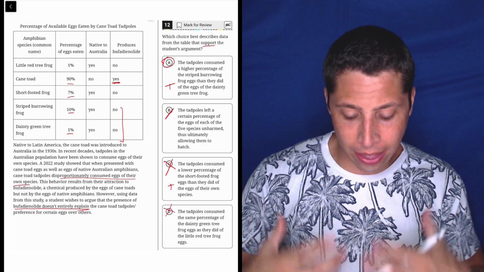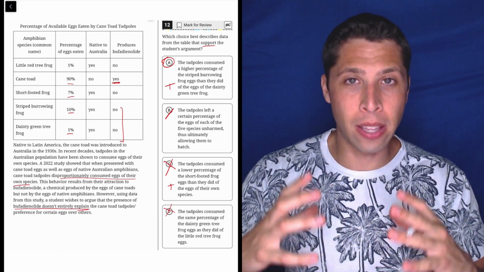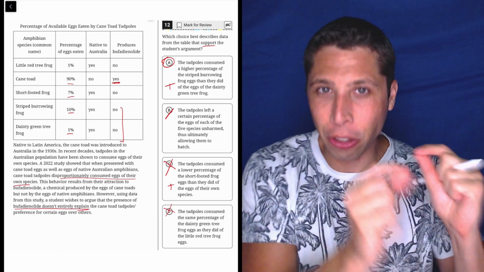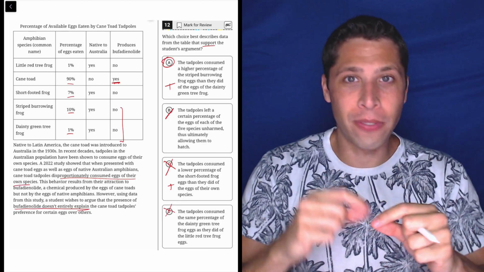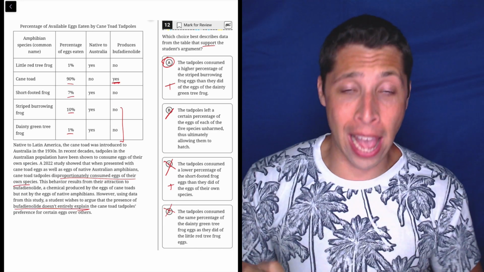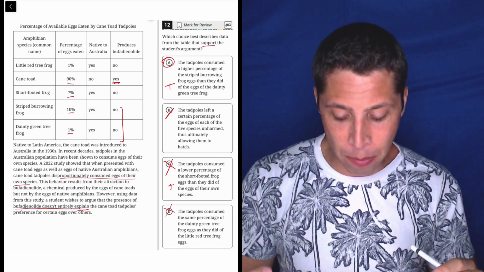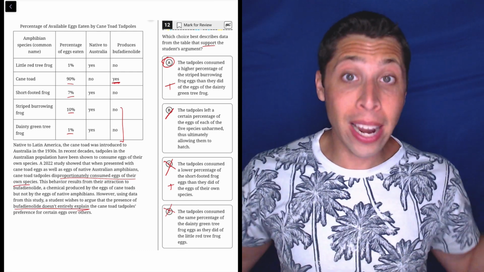Basically, just to reiterate, the student is saying that this particular chemical is not enough to justify or understand why these cane toad tadpoles are eating certain eggs, right? And so we have the striped burrowing frog and the dainty green tree frog. Both of them do not have this chemical.